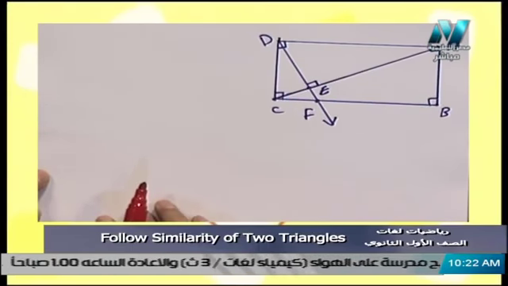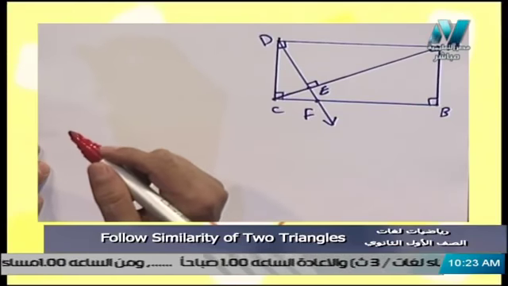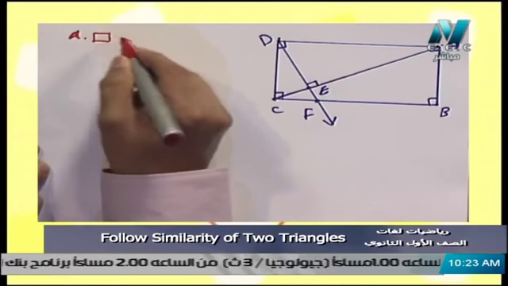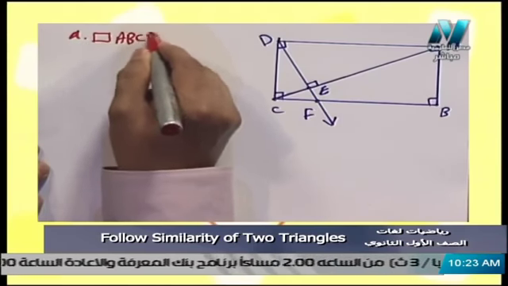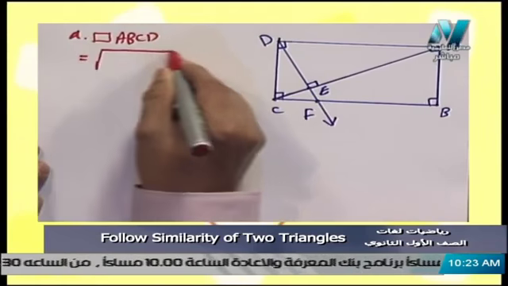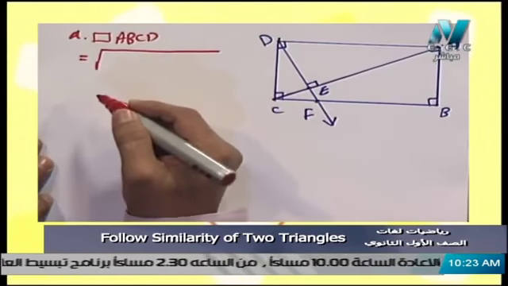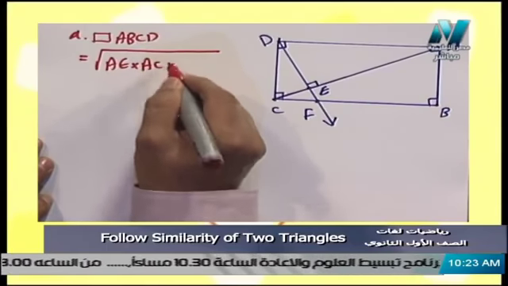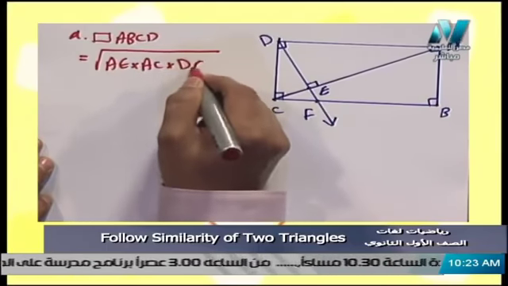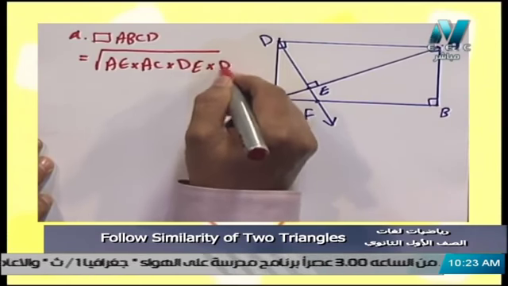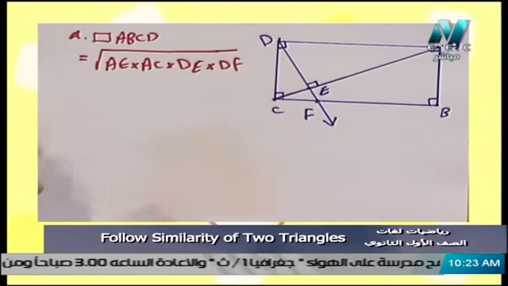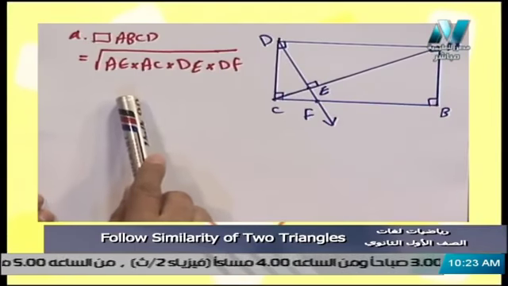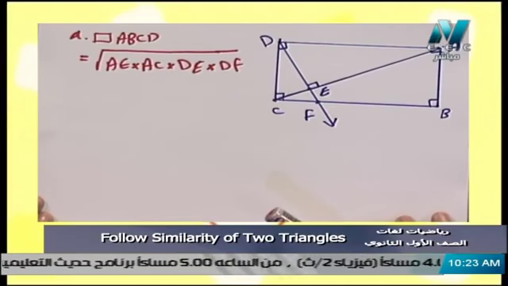The request is to prove that the area of rectangle ABCD equals the square root of AE multiplied by AC multiplied by DE multiplied by DF.